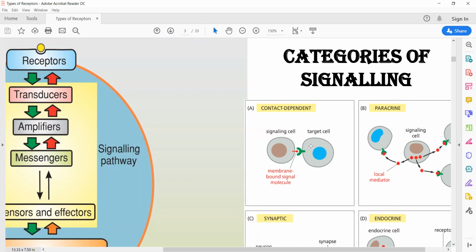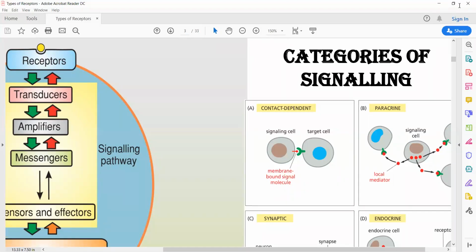I've taught you apoptosis in my earlier classes. The activation of the FAS receptor by the FAS ligand during the extrinsic pathway is a juxtacrine signaling, or contact dependent signaling. So these are basically the four categories of signaling.